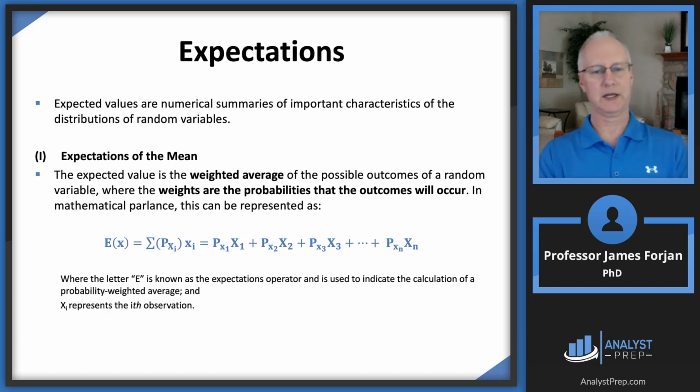So the expectation for x, the expected value of x, is going to be the summation of the probability of each outcome times each possible outcome. However many possible outcomes we have, notice I go from 1 all the way out to n.